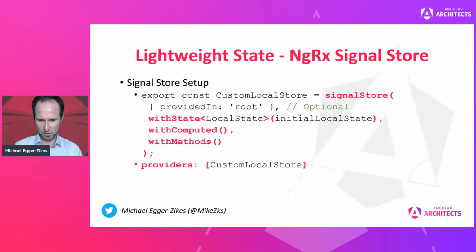And where you actually provide the store then determines which parts of the component tree can also access that store. But even more important, it also determines how long the store instance lives.